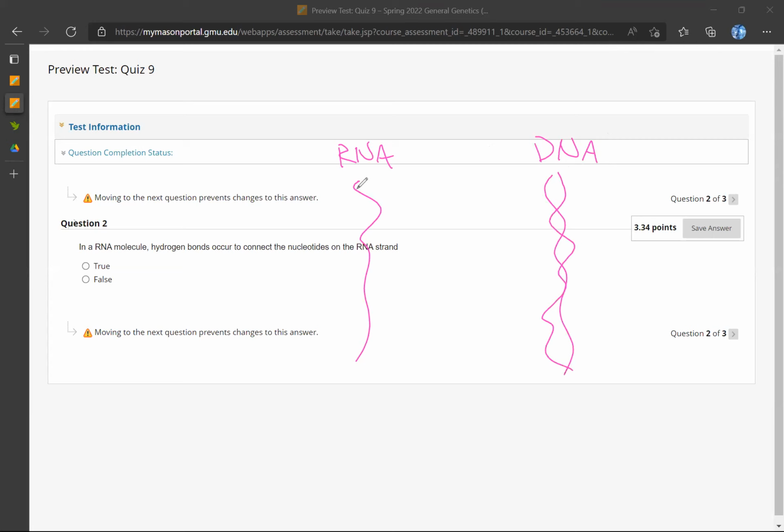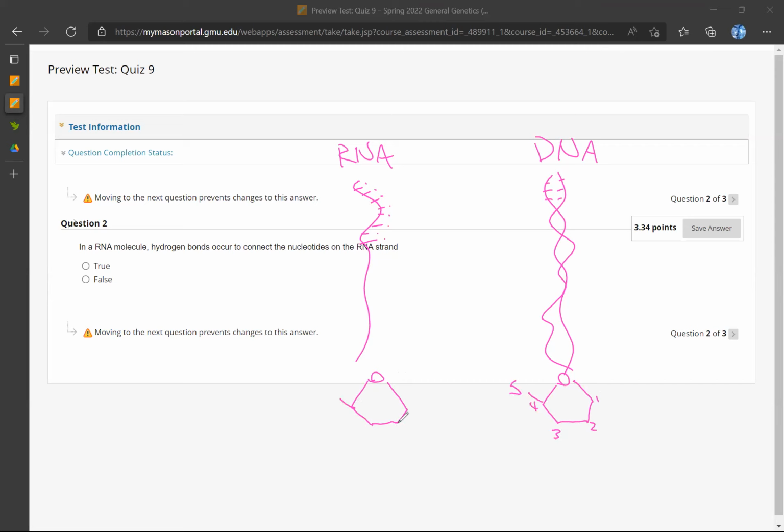So RNA will have base pairs that are not usually connected to a complement on the other strand, like DNA would. Also, Casey made a very good point that in the structure, we have our DNA and RNA. Obviously, we have the 1, 2, 3, 4, and 5 prime carbons, same on here.